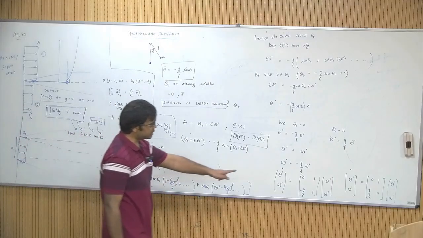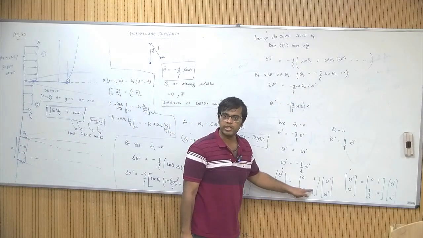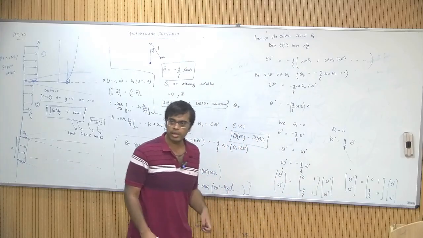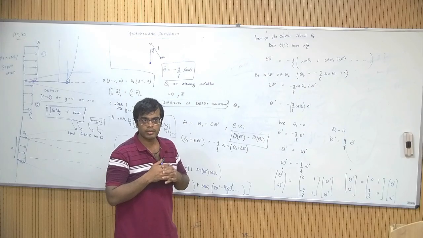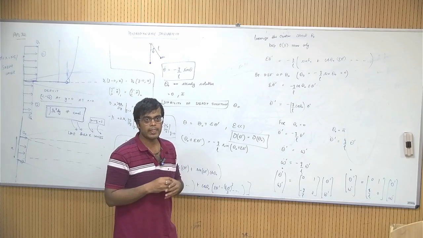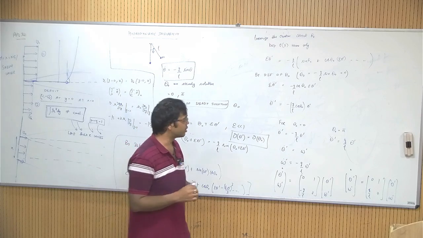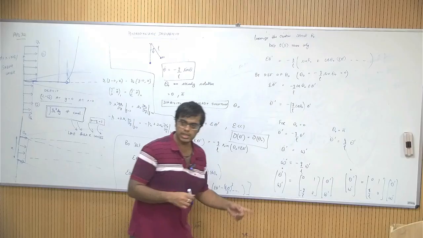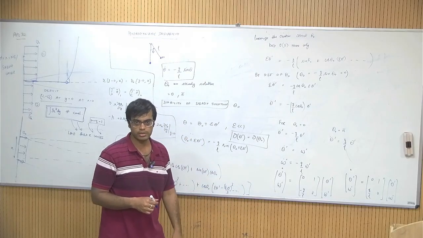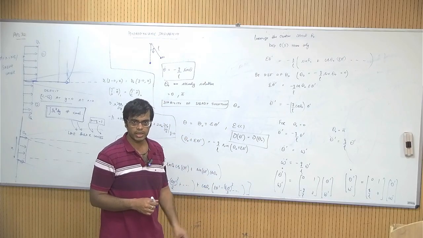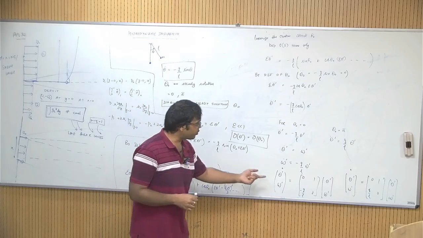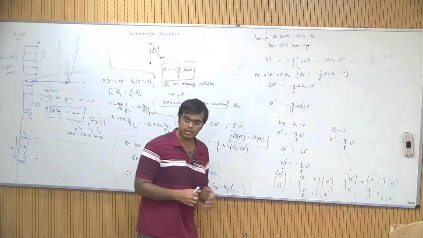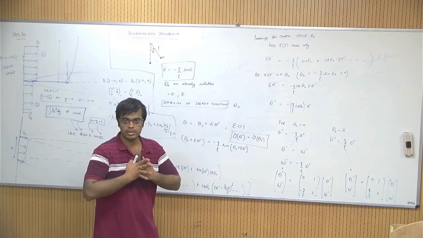Once you have this system of linear ODEs, how do you infer stability from here? So, this is a system of two linear ODEs. How do we infer stability from here? Okay, first of all, what are the general solutions of these type of equations?